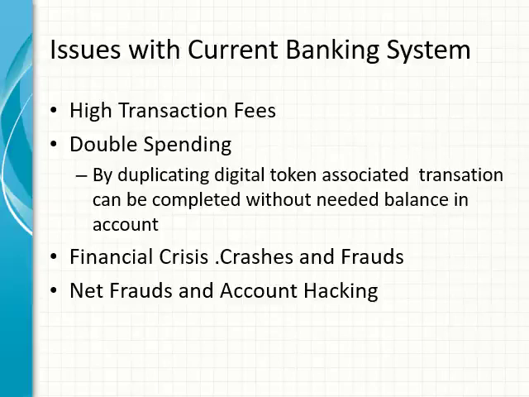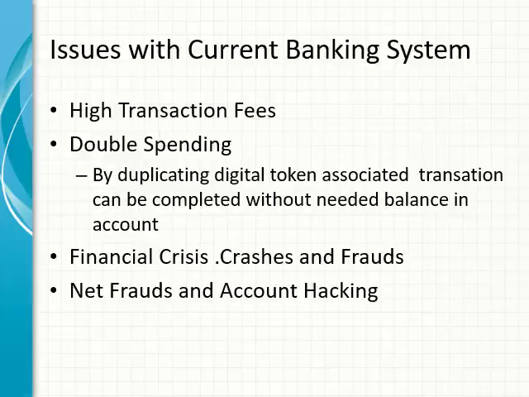Double spending is an error in a digital cash scheme in which the same single digital token is spent twice or more. So the same digital token is duplicated, and that digital token can be spent twice. By duplicating or falsifying the digital tokens associated with every digital transaction, we can complete a transaction without the needed balance.